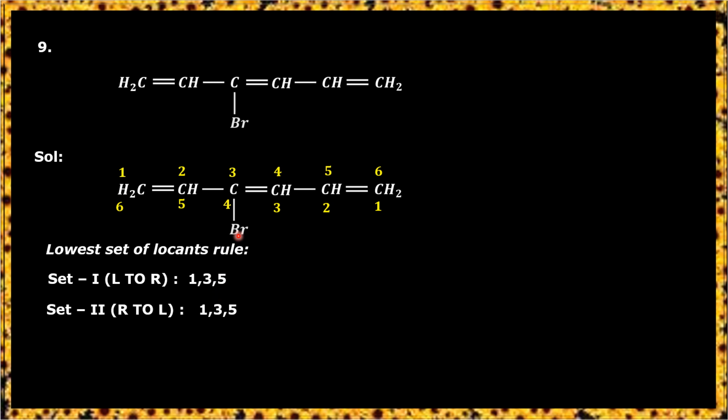At that time we have to look at the substituent. That means the substituents should be given the lowest possible number. So here the substituent is attached to the third carbon atom if the numbering is done from left to right. So we have to choose the left to right numbering, and this one is the wrong one.